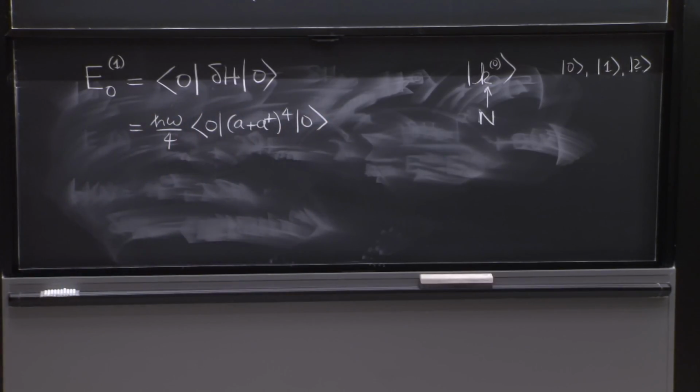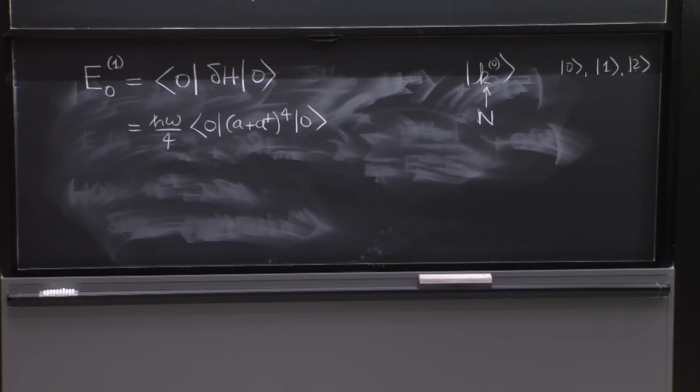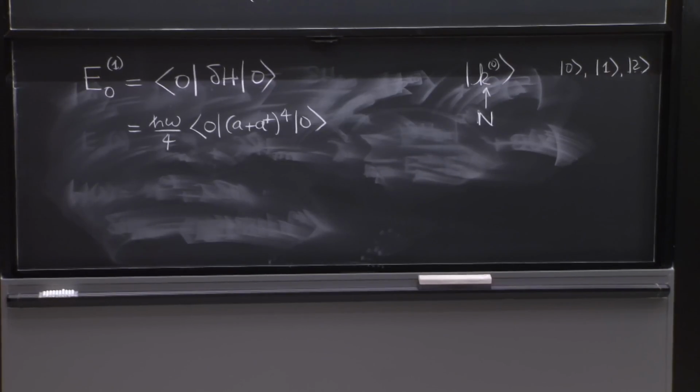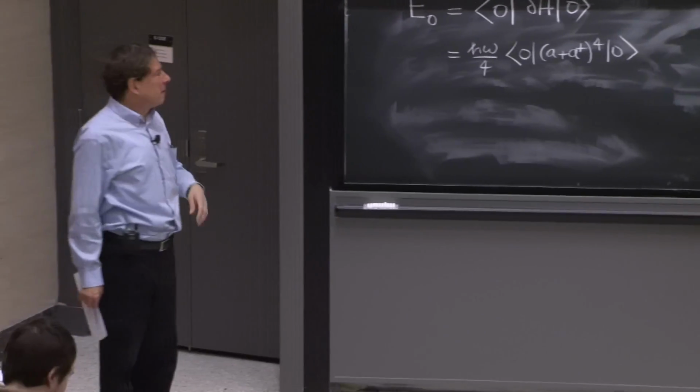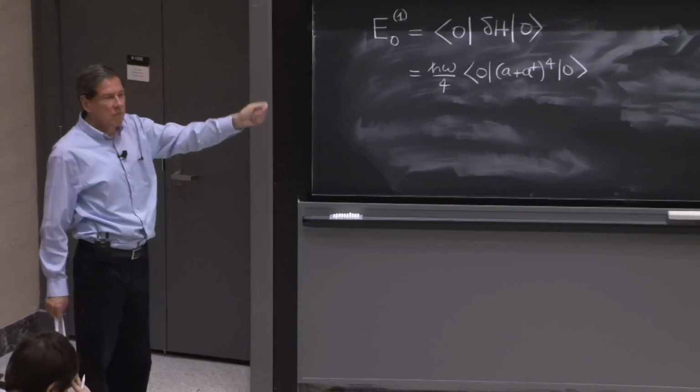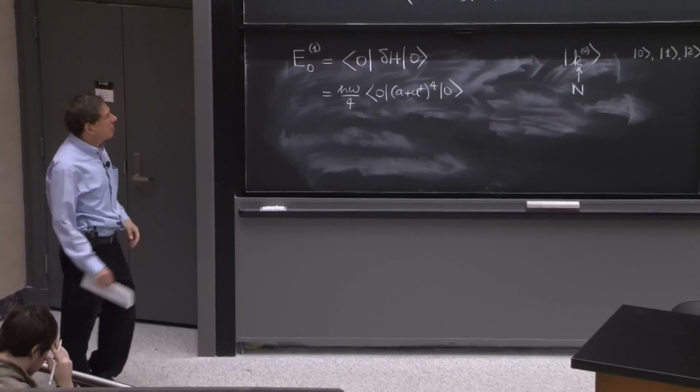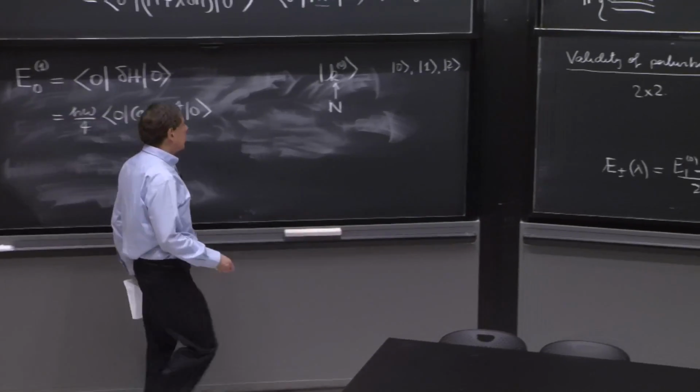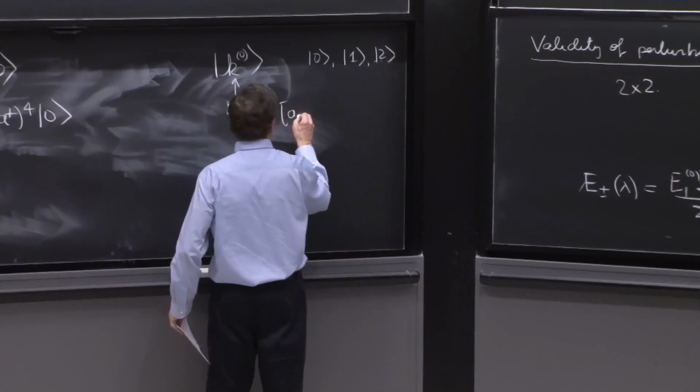Easy enough. That's what we have to do. Now, the evaluation of that matrix element is a simple exercise, the kind of thing you've been doing before. You have to expand and just use the commutation relation, that is [a, a dagger] is equal to 1.